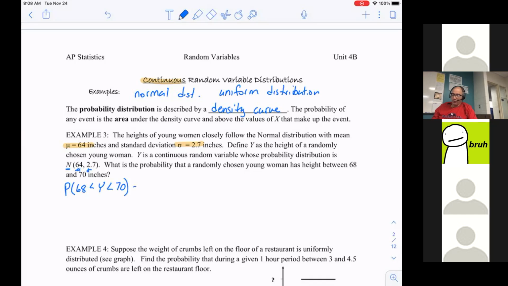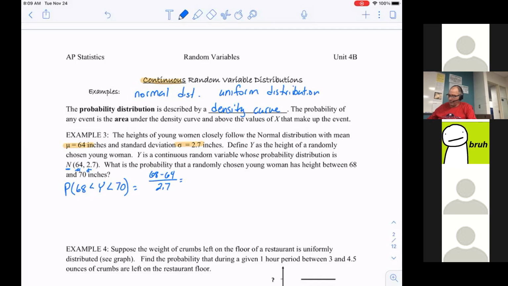Okay, so if we're going to review what we did for a normal distribution, we would have to convert each of those into a z-score. That means 68 minus 64 divided by 2.7. Unfortunately, I don't have that in my notes to do it that way, but this is just a general review.